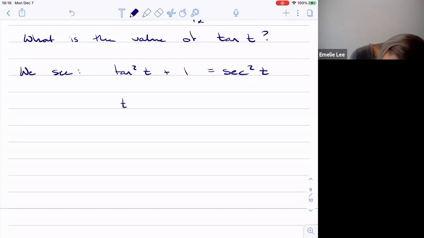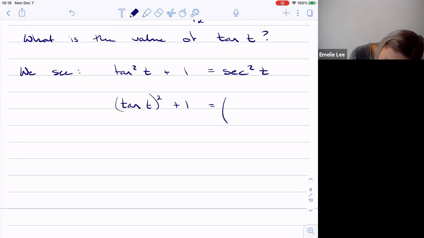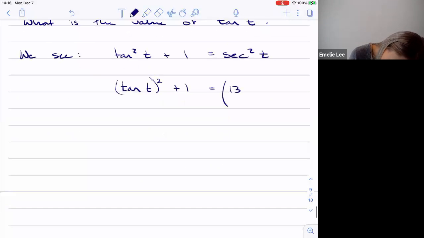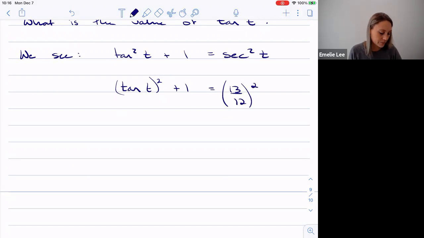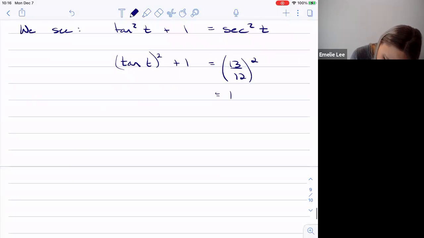So I get, and just remember the tan of t squared is the same as tan squared t, plus 1 is 13 over 12 squared. I'll use my calculator because otherwise I'll mess this up. 13 squared is 169.